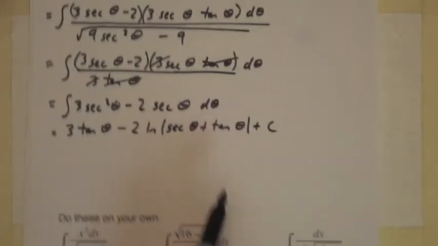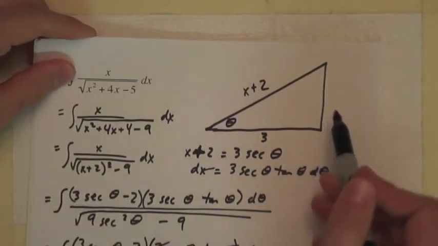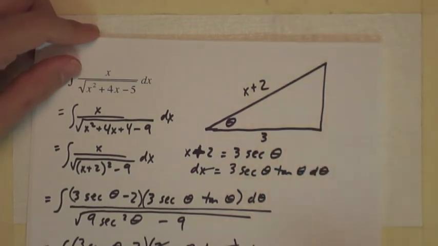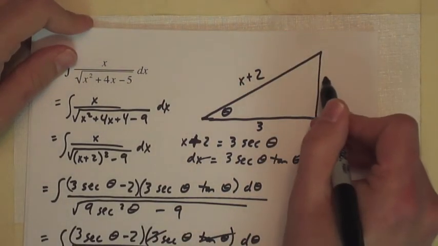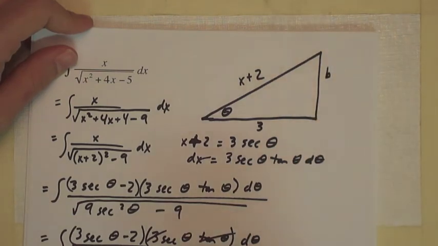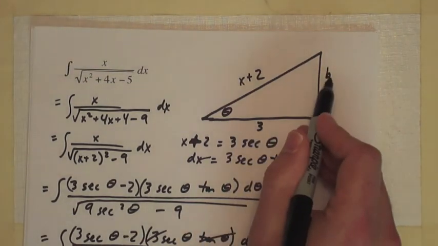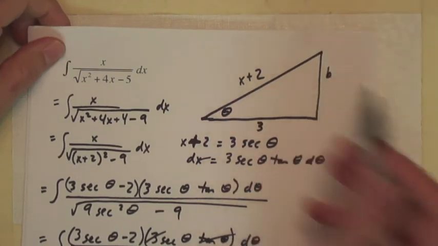Now we want to know about tan theta, which involves the opposite side, so we need to figure this out with Pythagorean theorem. So you could call this side b, and say 3 squared plus b squared equals x plus 2 squared, and solve for b.